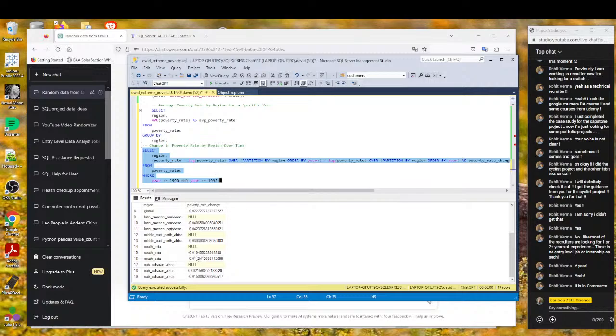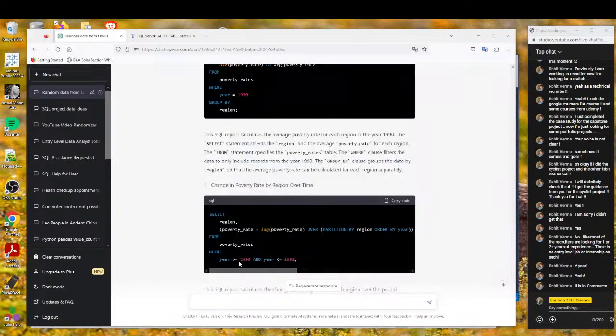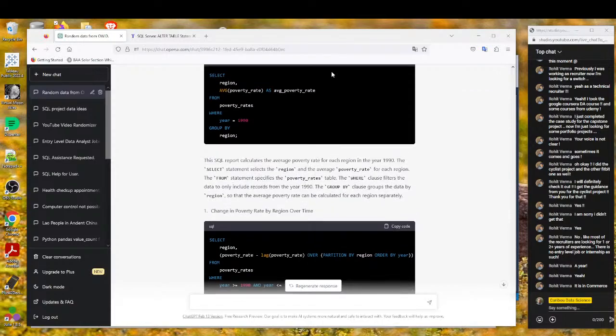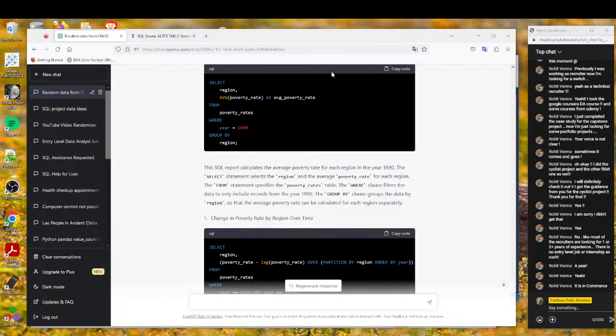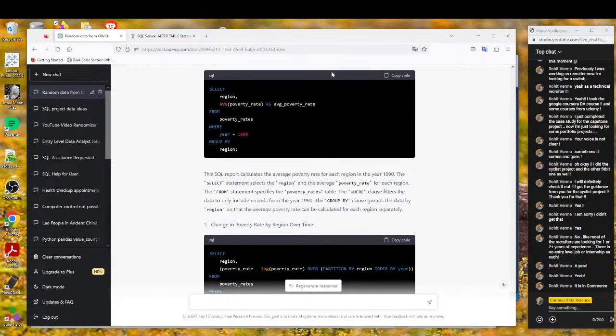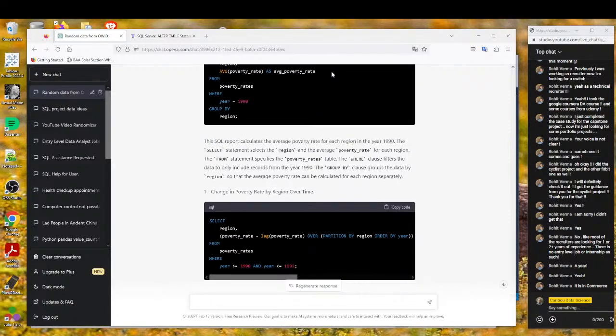Asia went from 0.0194 to 0.0198. Interesting. Okay, good.